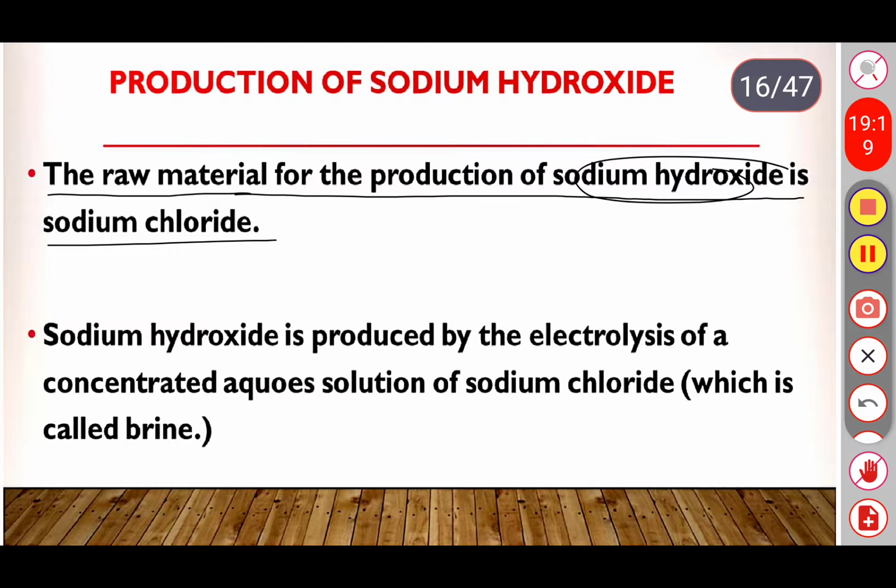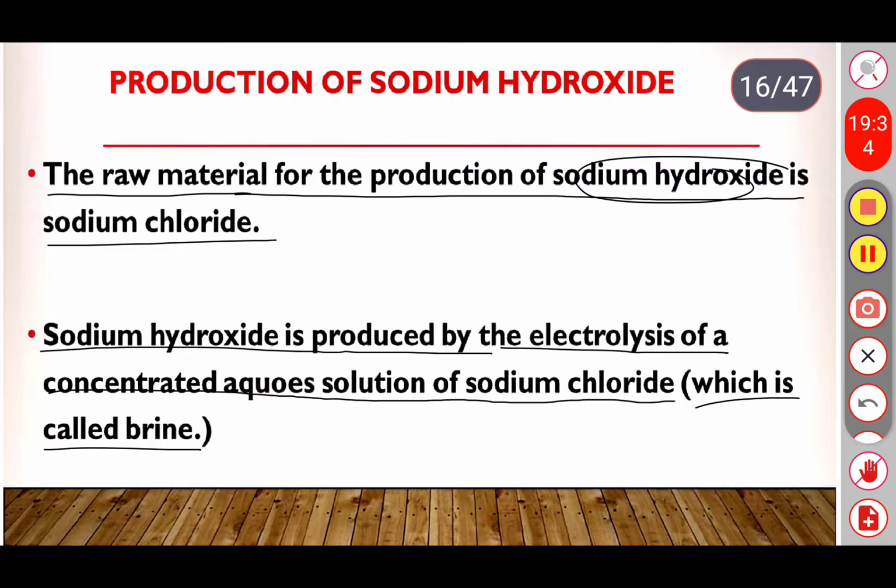Next one, sodium hydroxide is produced by electrolysis of a concentrated aqueous solution of sodium chloride, which is called brine. So the process we are using is specially in the aqueous solution of sodium chloride.